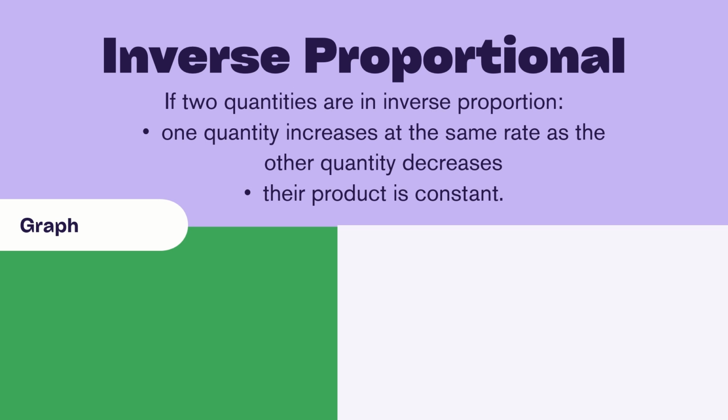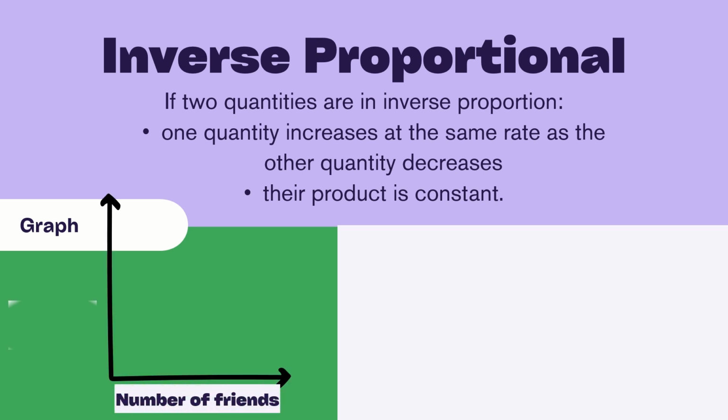Now, if you draw a graph of this, it looks different to when we had directly proportional. So let's draw a graph of this. When you have a really low number of friends, like 2 friends, the internet speed is very high. And then if you double the number of friends to 4 friends, the internet speed becomes half.